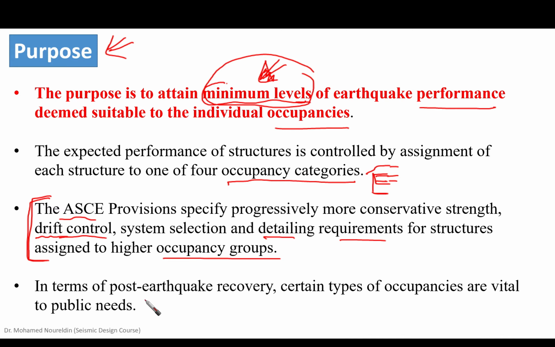In terms of post-earthquake recovery, certain types of occupancies are vital to public needs, and this is an important issue. We cannot treat alike two buildings where one is going to be used as a shelter after an earthquake, and another is only used during some period of the year and is not used after the earthquake as a shelter.